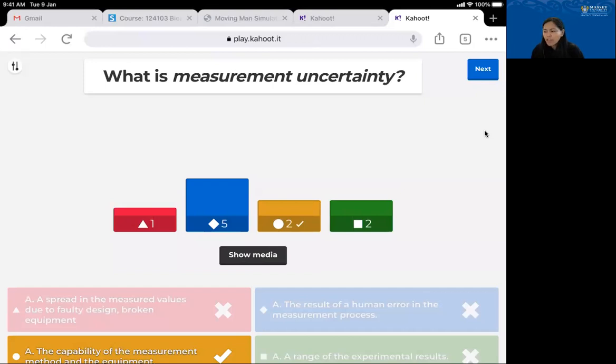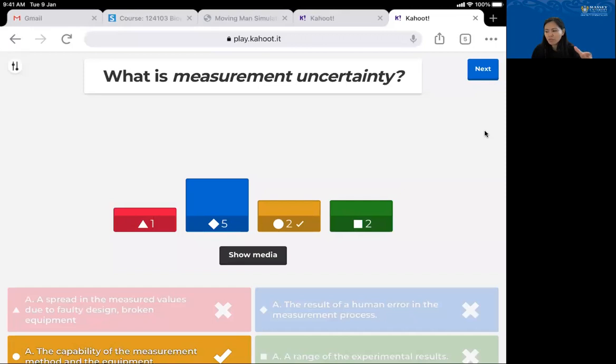So the answer A, spread in the measured values due to faulty design or broken equipment, is similar to human error, right? Because if you're using a broken stopwatch, then the time you're getting is actually wrong. So it's not really related to the uncertainty.